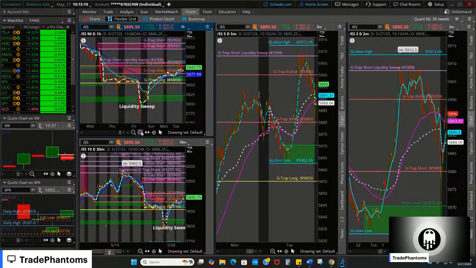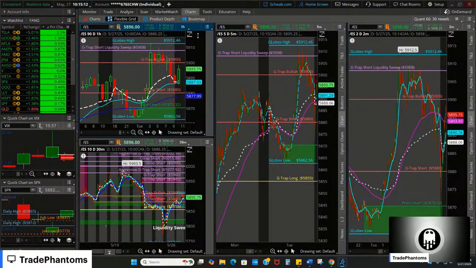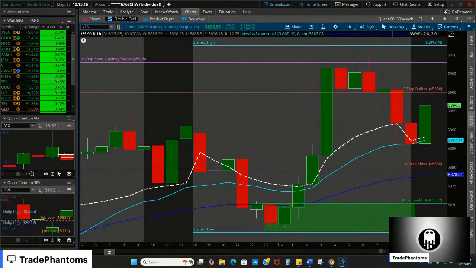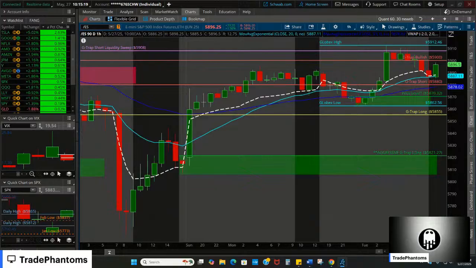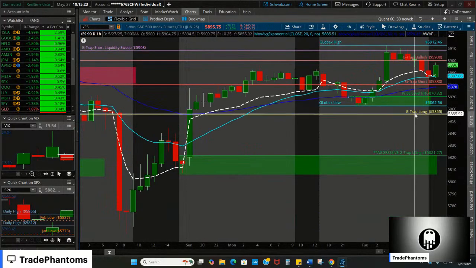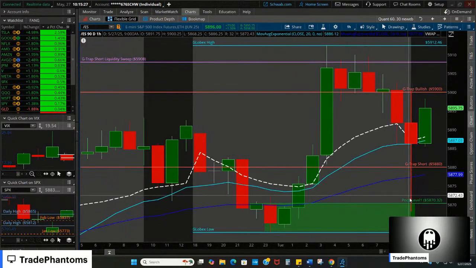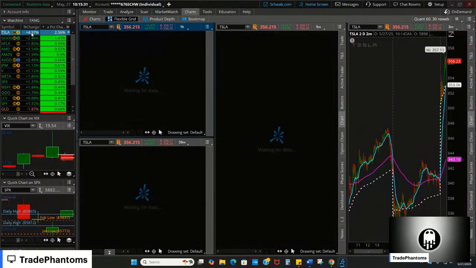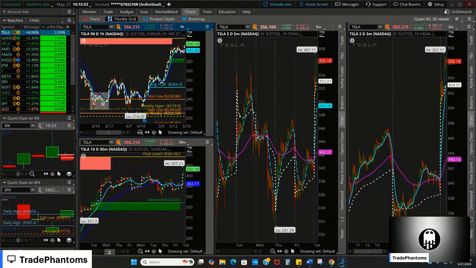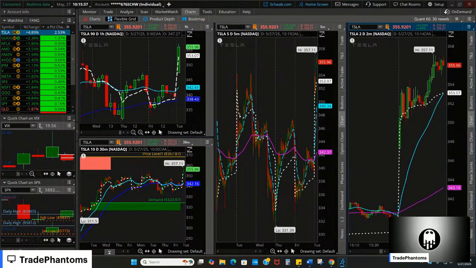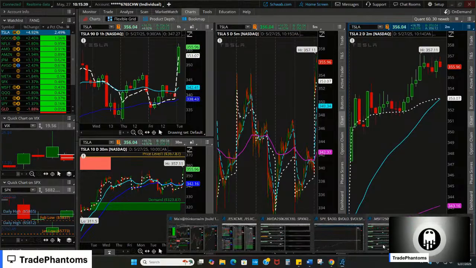Just simple demand-supply mechanics. NASDAQ stronger than S&Ps at the moment. I'm going to lock out a little bit more here of Tesla.